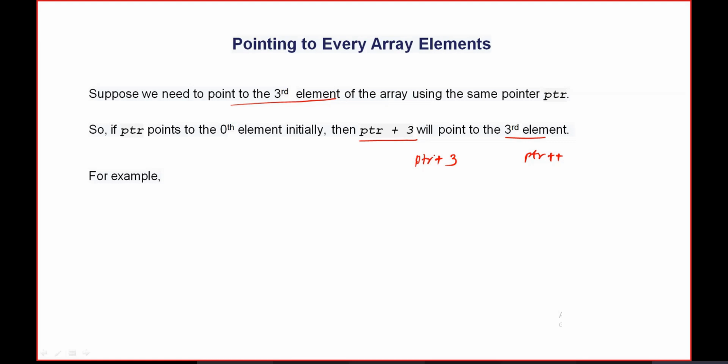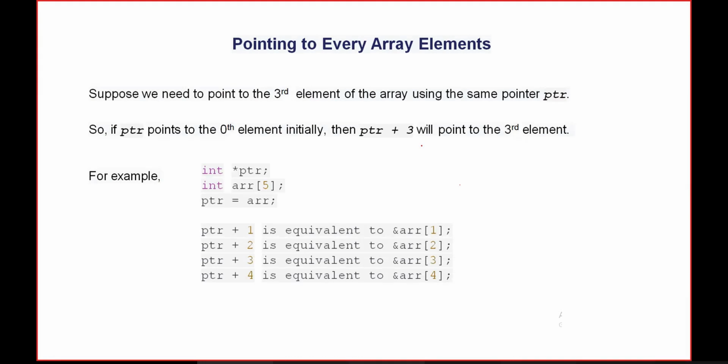So ptr will jump by 3 integer blocks, and then whatever memory location it is pointing to, the contents of that memory location we can access. Same thing is given over here. ptr plus 1 is equivalent to ampersand arr of 1. Similarly, ptr plus 2 is equivalent to ampersand arr of 2. Depends how we are trying to access.